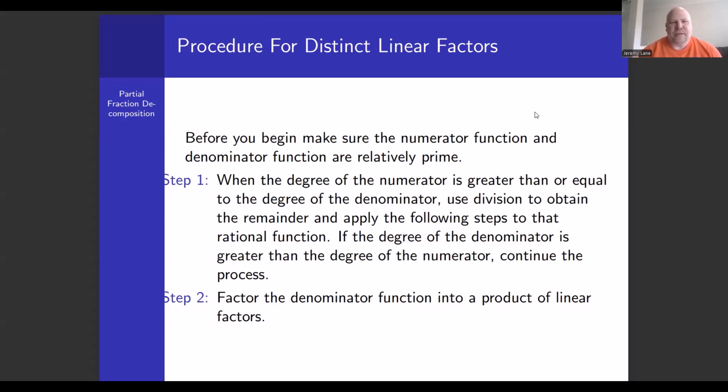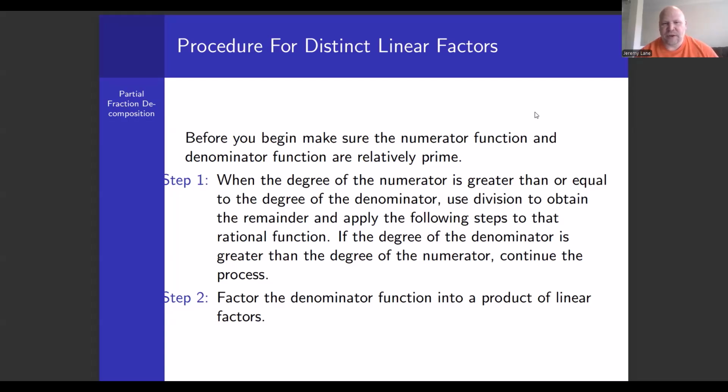And the first step in the decomposition process, after you reduce the fractions down, is to make sure that you have a proper fraction. If the degree of the numerator is greater than or equal to the degree of the denominator, you have to use some kind of division process to obtain a remainder, and you apply the decomposition to the remainder rational function rather than the original. So if the degree of the denominator is greater than the degree of the numerator, then you may continue in the process.